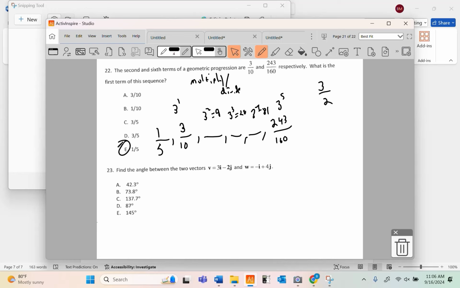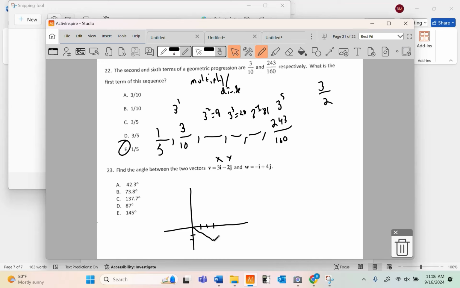Find the angle between the two vectors. Vector v is 3i minus 2j. This is x, this is y. So this vector v goes right 3 and down 2.